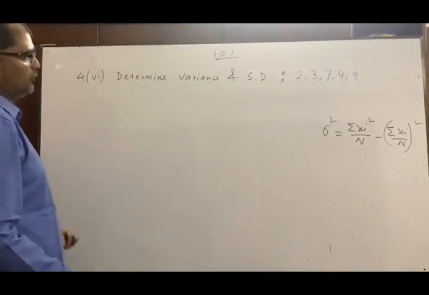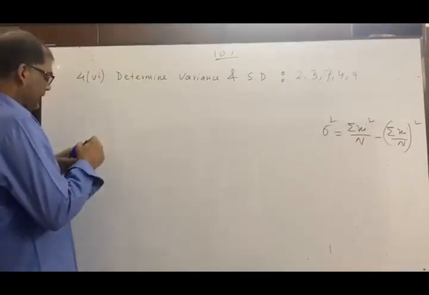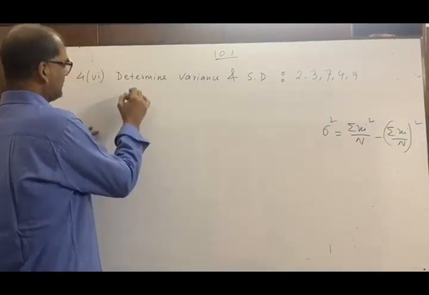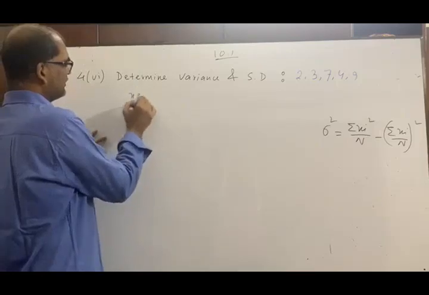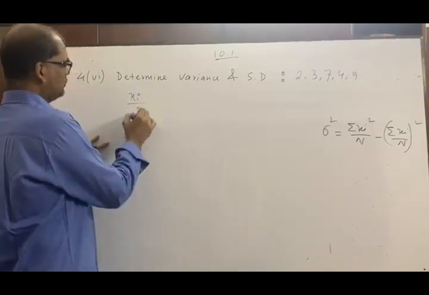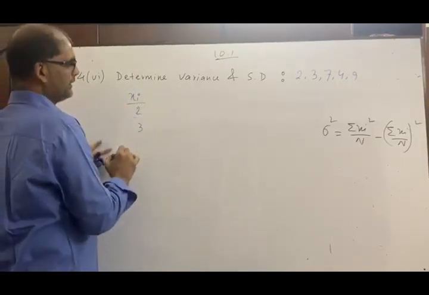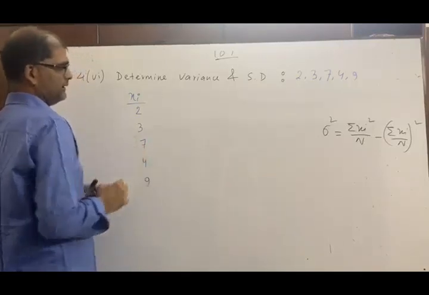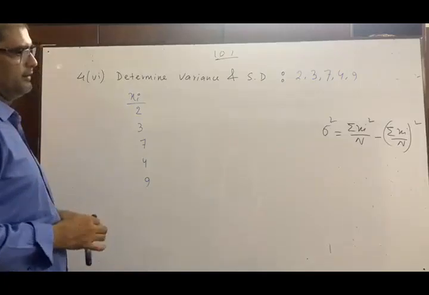Then what is to do? You write down. At first you keep it in mind. So xi equals to what? 2, 3, 7, 4, 9. It is xi, right?